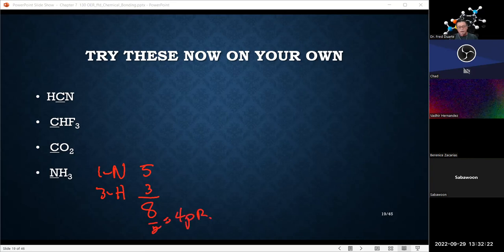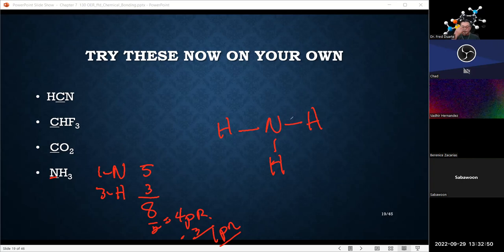Now, given the information, nitrogen is the central atom, so we can very quickly attach 3 hydrogens around it, as so. So now we got 4 pairs, 3 pairs that we took care of, so we got 1 pair left to work with. Obviously, we cannot put it on the hydrogen. Hydrogen is maxed out with its duet rule. However, nitrogen is not, it's only at 6.